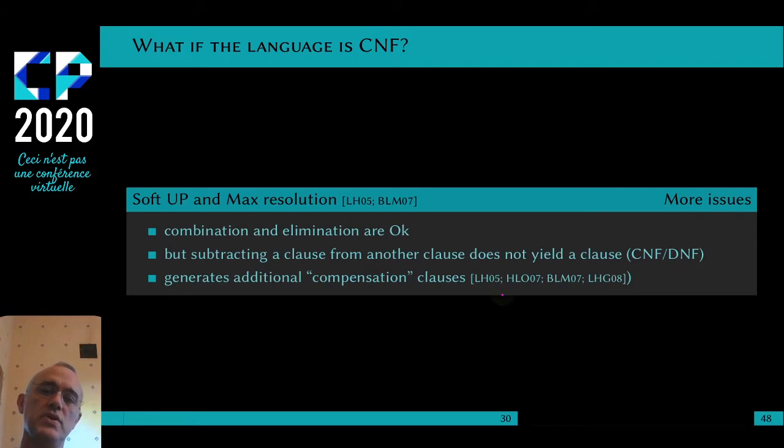So this works for tensors. What if we use clauses instead? If we do partial weighted MaxSAT, well, essentially everything remains the same because combinations and eliminations work on clauses. The only difficulty is this subtraction operation. If you subtract a clause, essentially you have to add the opposite of the clause, and the opposite of the clause you shift from a conjunctive normal form to a disjunctive normal form, but you need to remain inside the CNF language, and so you have to generate a bunch of additional compensation clauses.